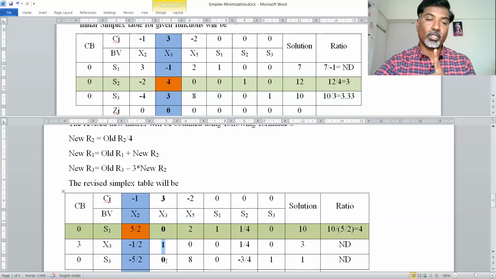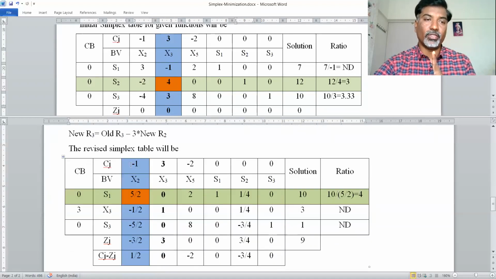If I want to make this column 0, this column has the value 3, then 3 minus 3 times this row is nothing but old R3 minus 3 into new R2. So here you just have to calculate all the values. New R3 is equal to old R3.